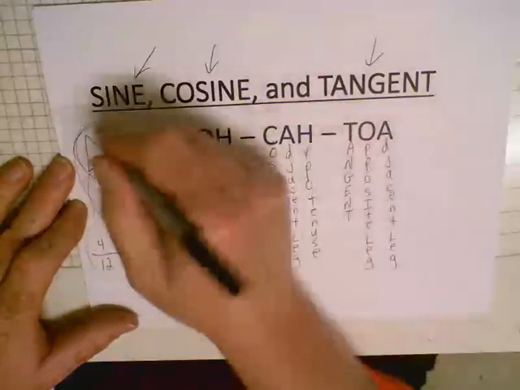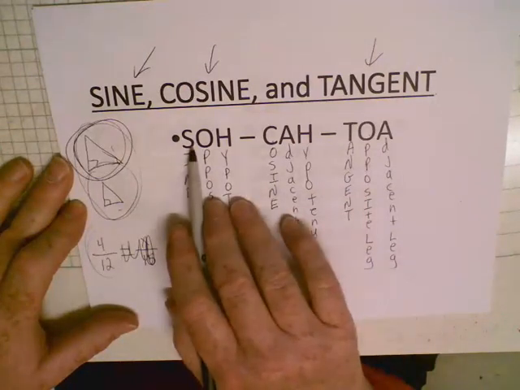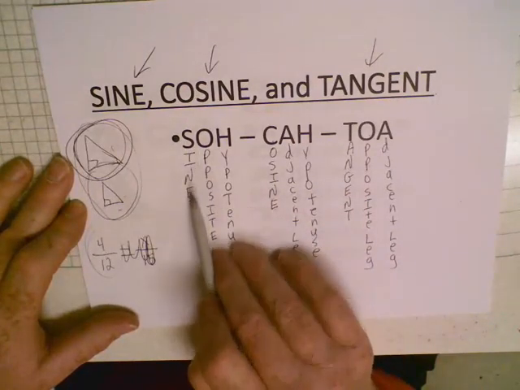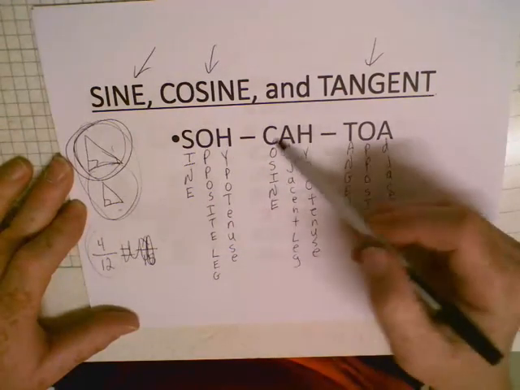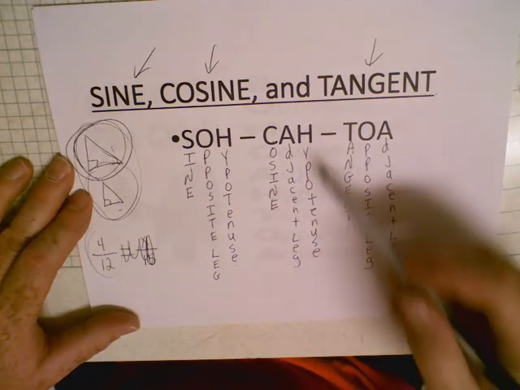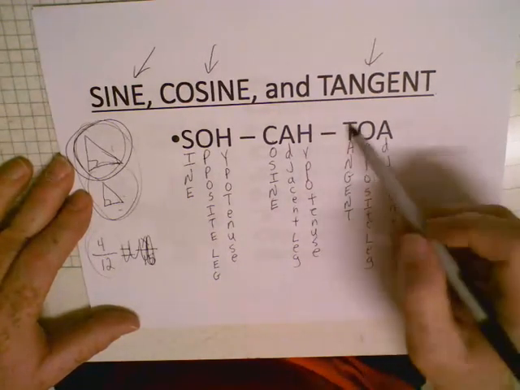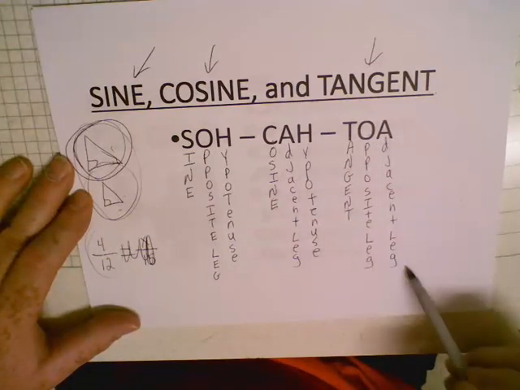So we only need one triangle instead of two separate triangles. The sine ratio is always the opposite leg over the hypotenuse. The cosine ratio is always the adjacent leg over the hypotenuse. And the tangent ratio is always the opposite leg over the adjacent leg.